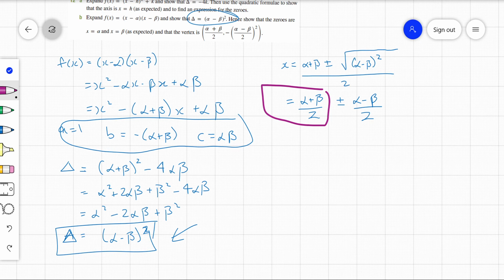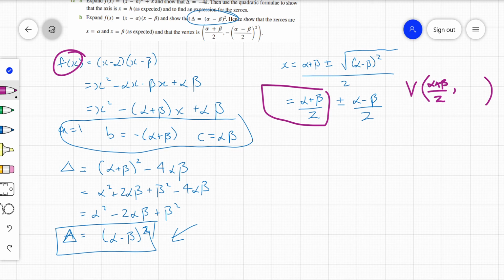So remember, for a quadratic, that's where the x value of the vertex occurs. And we'd sub it into the y value in order to find the y value.